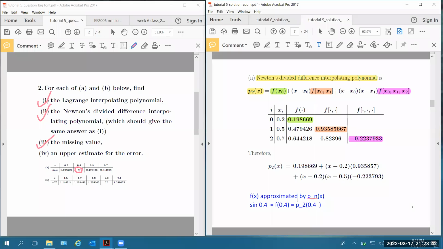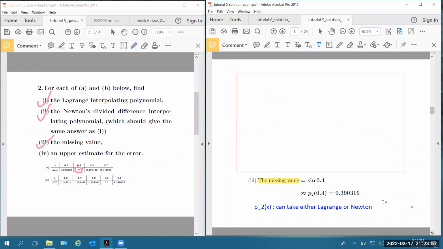Yeah, that's right. Just go and substitute 0.4, and that will give you an estimate value of sine 0.4. Is it okay? Let's see, your P2(x) here, then you just substitute 0.4. So that's what we do here. The missing value, sine 0.4, this is the value.